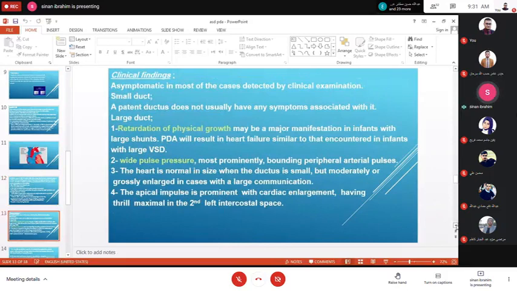What are the clinical findings in patients with PDA? Usually asymptomatic in most cases, detected by clinical examination.